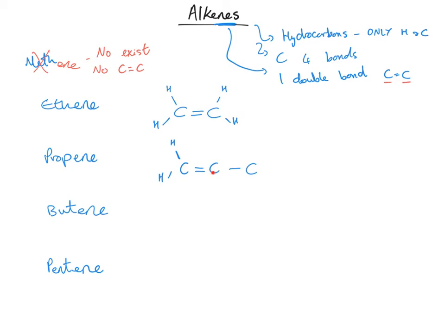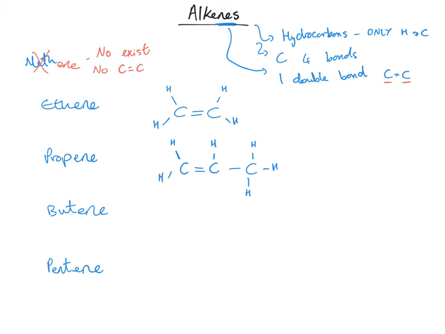This carbon has got 1 bond, 2 bonds, 3 bonds already. So it only needs 1 more hydrogen. Now this carbon needs 4 in total, so we need 3 around that. So this propene looks a little different to what you've seen before, but it has to follow these rules.